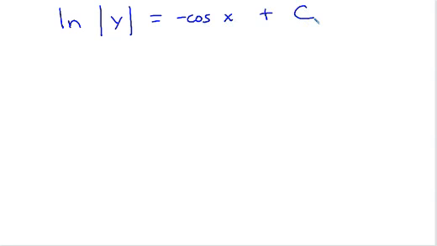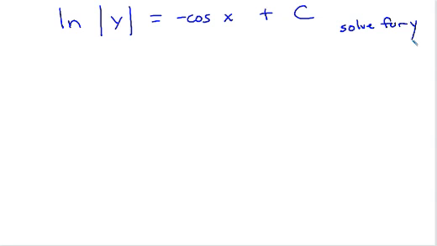Now, this is technically a correct antiderivative, but I have not found the general solution until I solve it for y. So I need to now solve this for y. You probably need a reminder on this, but all of you should know what to do here. We're going to exponentiate both sides.